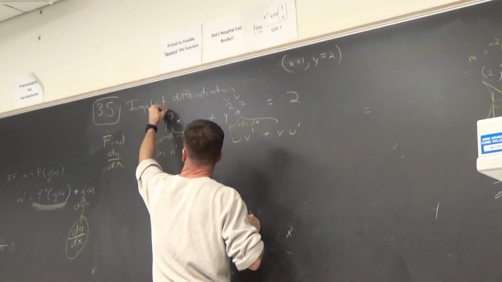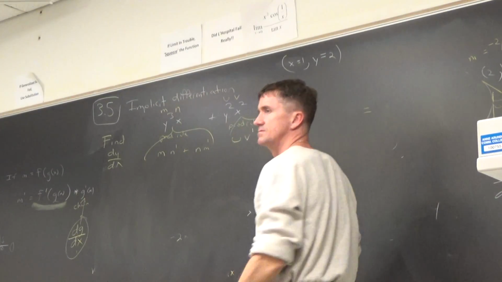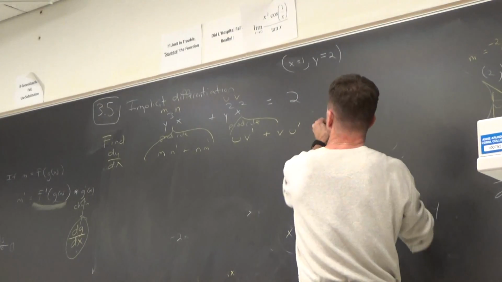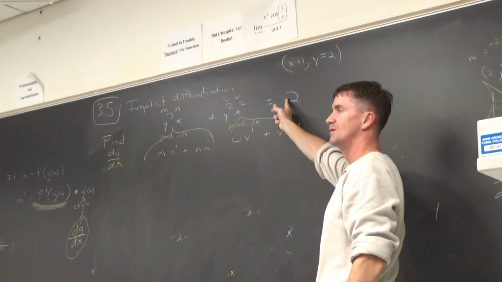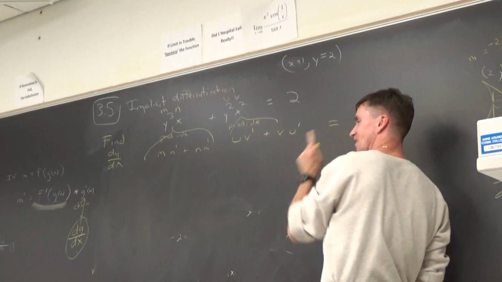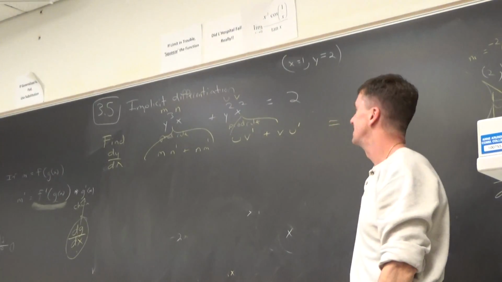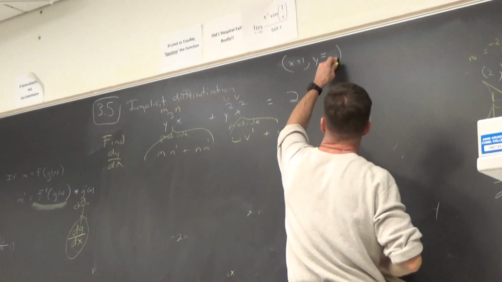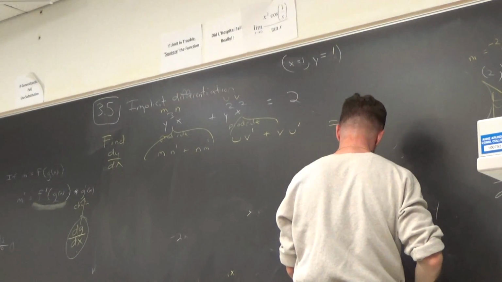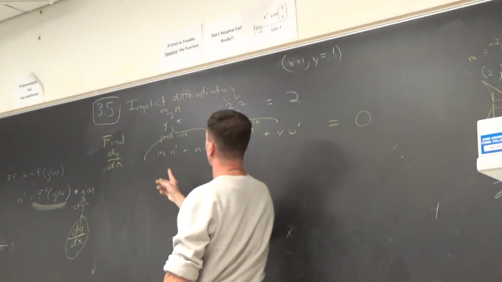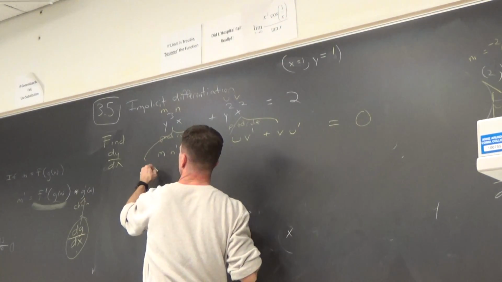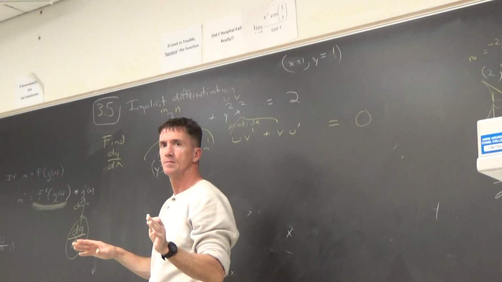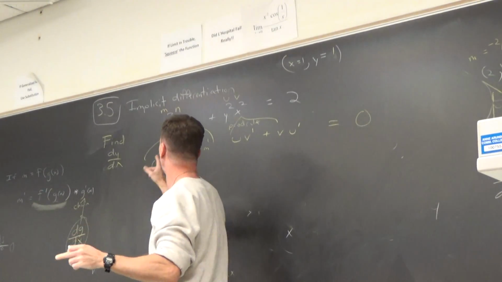This was m. This was n. Product rule, right? Oh, my favorite part. What will this be equal to? What's derivative of 2? 0. Don't put 2 there. Be careful. What's m? Do you agree? What's n prime?